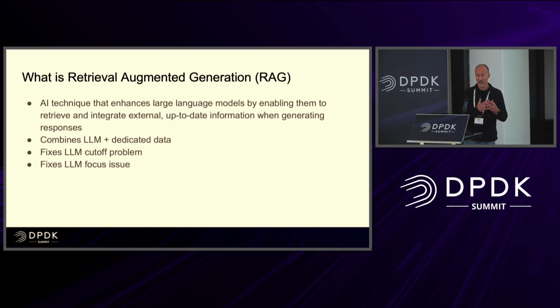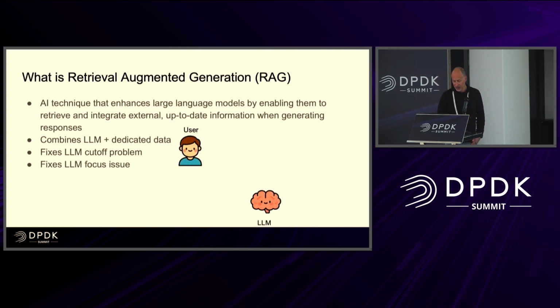So the model was not trained much on our data, and that limits its responses and the way it thinks. By adding our own data, we solve both issues: we give it up-to-date data it didn't have, and we focus its answers on our data, leveraging the fact that it knows how to read documents, but on our documents.